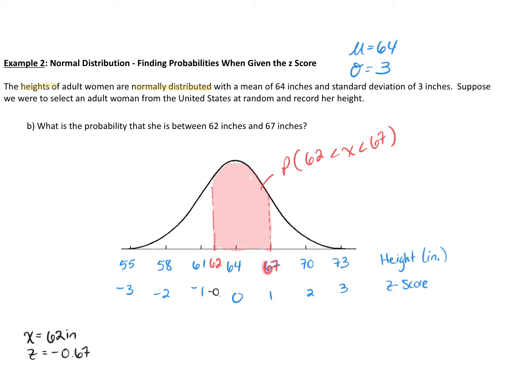If we take a look at our sketch here, you don't really have to put this into the equation. You can just see that a height of 67 inches has a z-score of positive 1. So now let's go to the table and take a look at how we would use it.